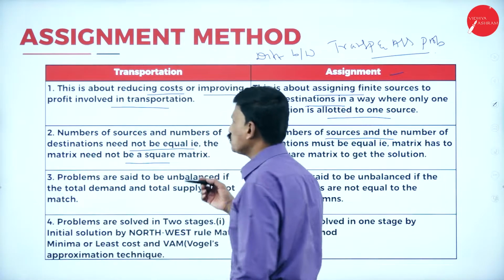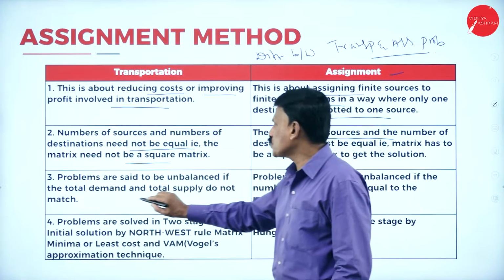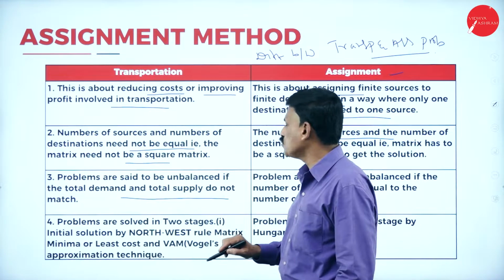Now, in the transportation problem, the problem is said to be unbalanced if the total demand and the total supply do not match.